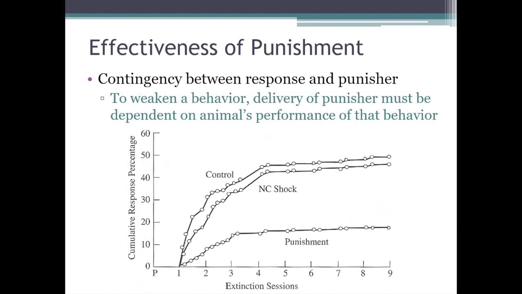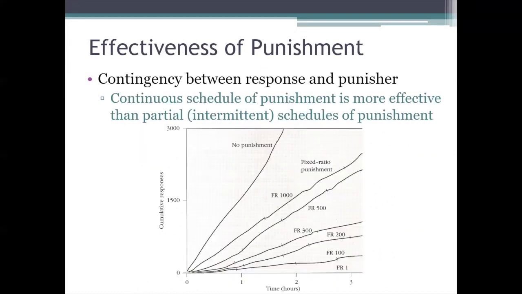And again, the stronger that contingency is, the better the job that punisher tends to do as far as decreasing the behavior in question. And so if a behavior reliably produces the punisher every time it's performed, then that behavior will tend to become weaker more readily than it would have if it had only sometimes produced the punisher. So, in other words, the schedule of punishment matters, and a response tends to be suppressed more effectively with a continuous schedule of punishment than it does with a partial one.